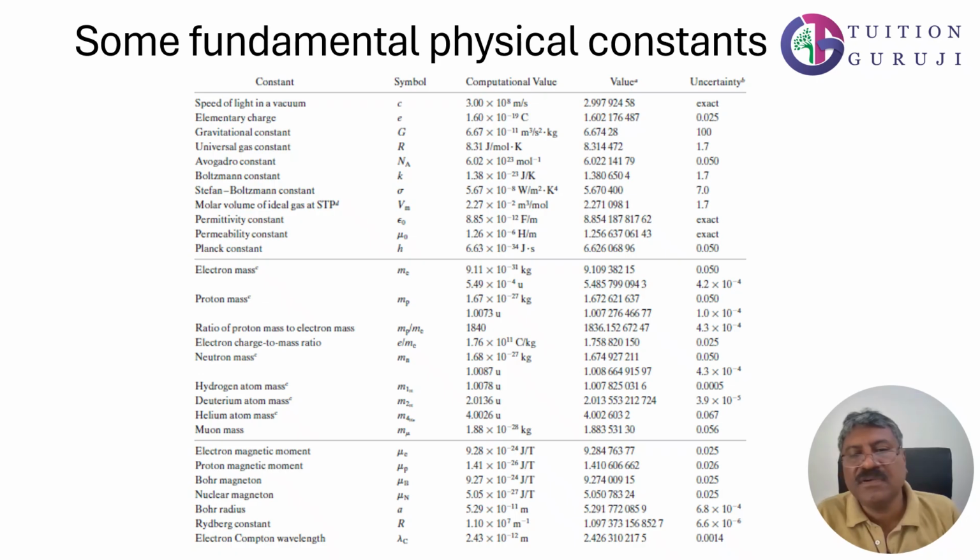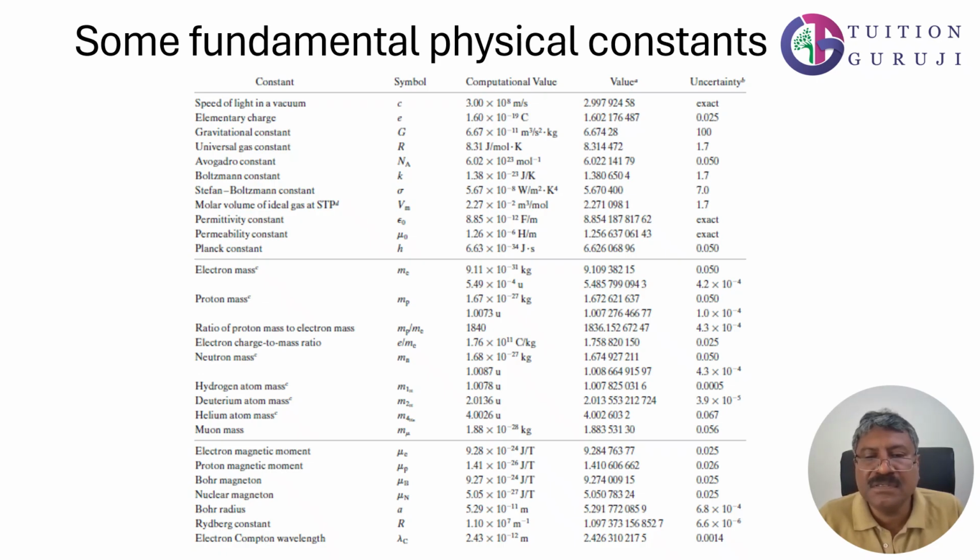Let us now see some fundamental physical constants which are useful to us in the coming portion. Please note down these constants so that they will be useful in your remaining chapters. Speed of light in vacuum is 3 into 10 raised to 8 meter per second, and charge of electron is 1.6 into 10 raised to minus 19 coulomb.